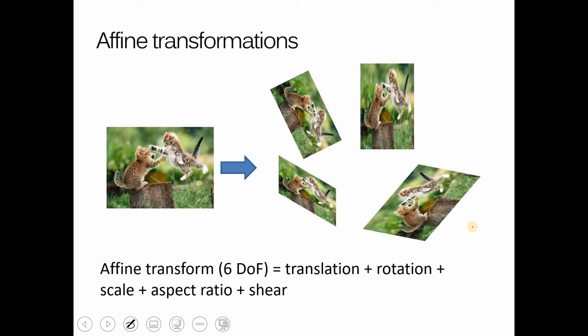This type of transformation, where you also have the availability to change the aspect ratio of the image, or change the appearance of the image and the view angle, will have more degrees of freedom. When you are disturbing the aspect ratio, that adds one more degree of freedom.